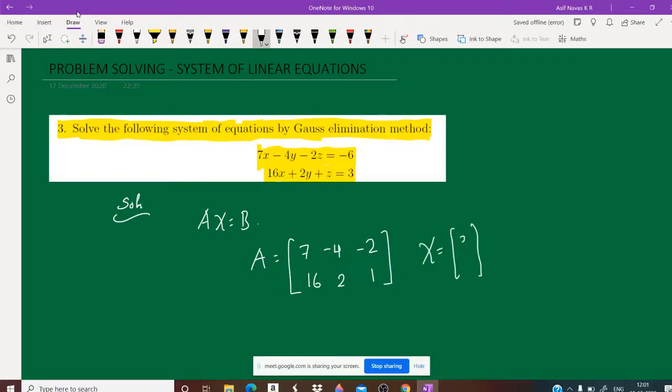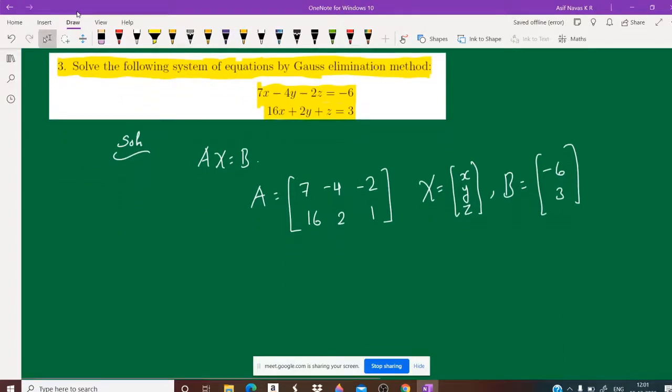X is x, y, and z. These are the unknowns, and B is minus 6 and 3. So there are only 2 equations and 3 unknowns.